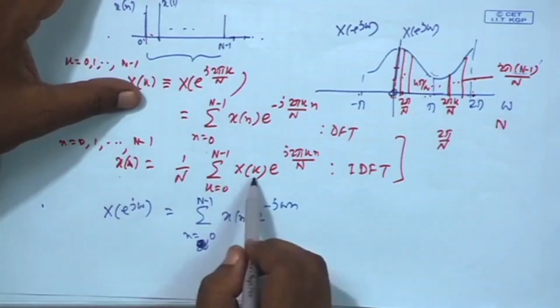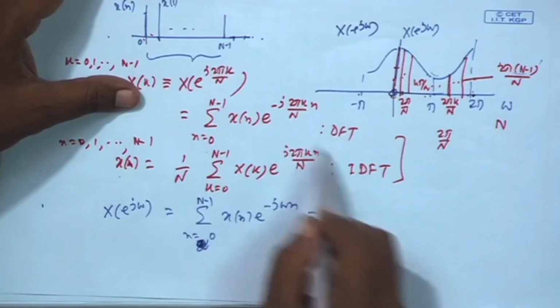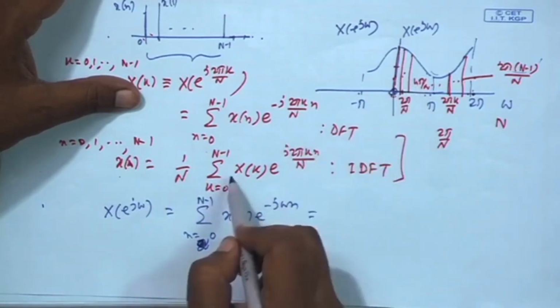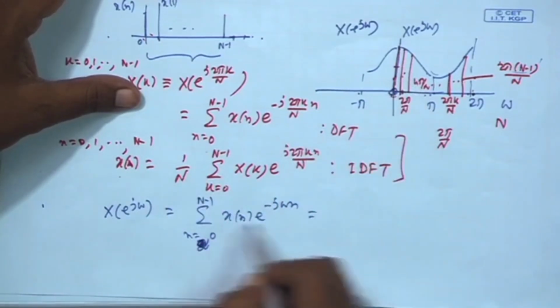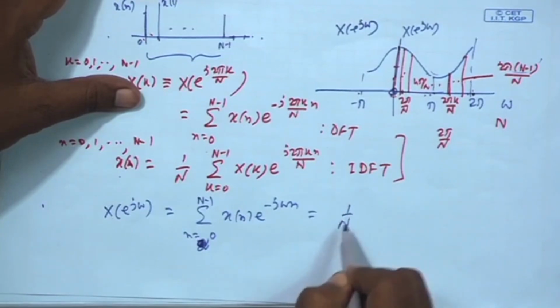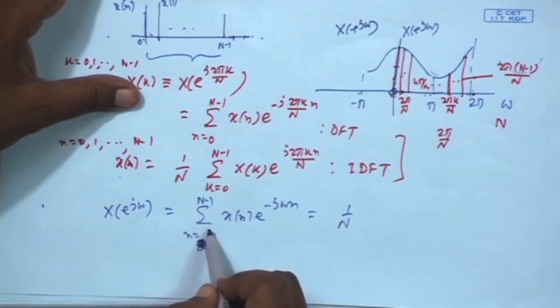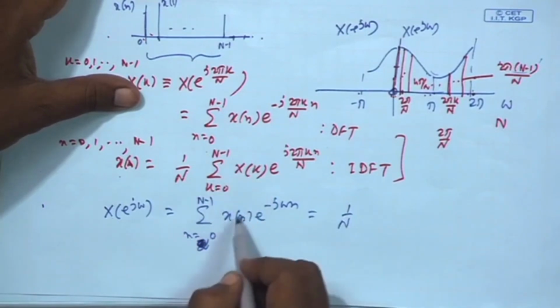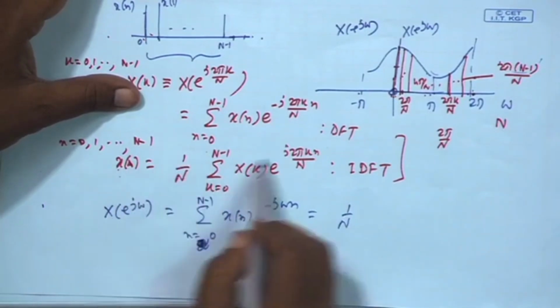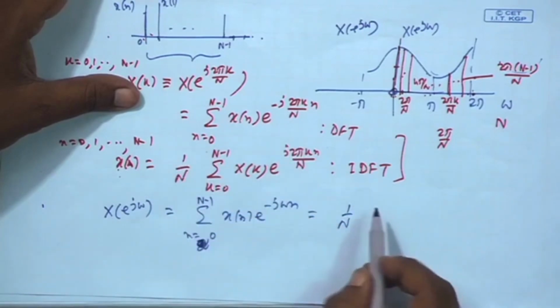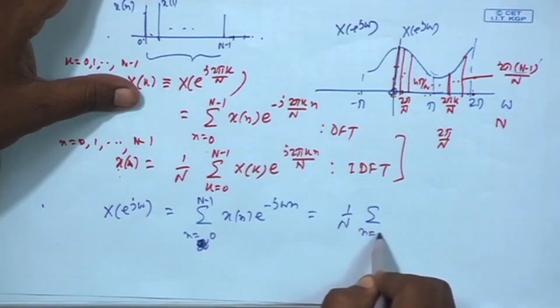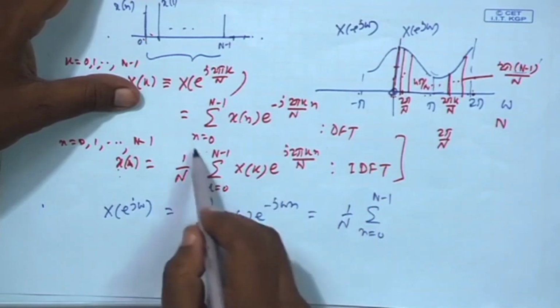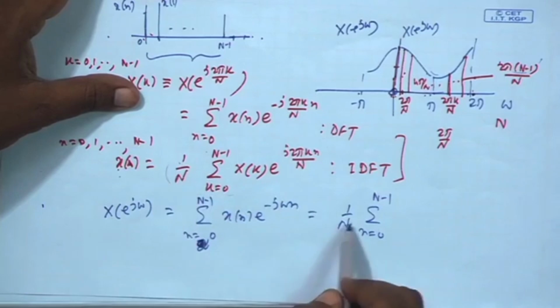But x[n] I can write in terms of these DTFT samples only, capital X[k]. So, if you bring that back here, 1 by N, outer summation with respect to small n, inner summation, the small x[n] you will replace by this entire summation. So, n equal to 0 to N minus 1, then x[n] will be replaced by this entire summation, 1 by capital N already taken out.